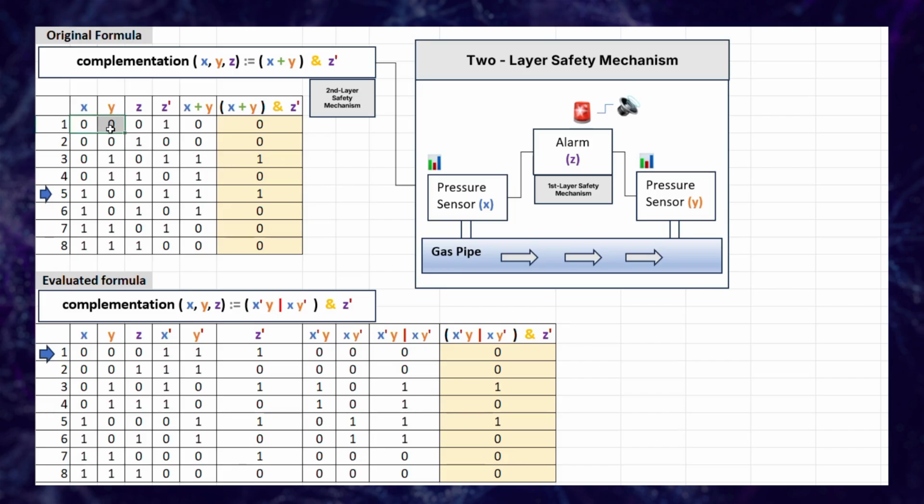Here I saw that both of them are 0, and here both of them are 1 in this. So I remove this one.